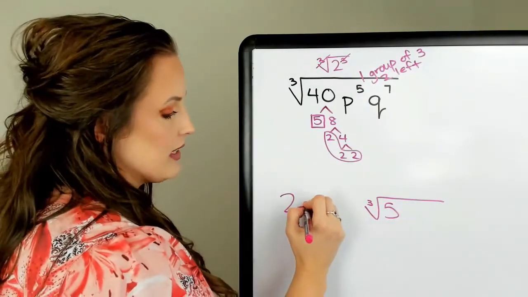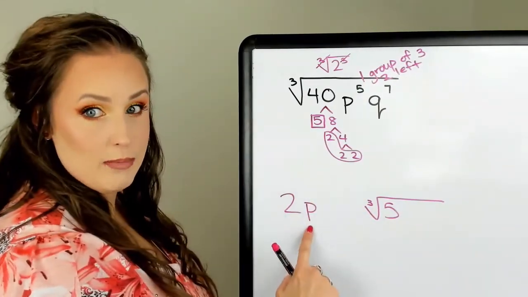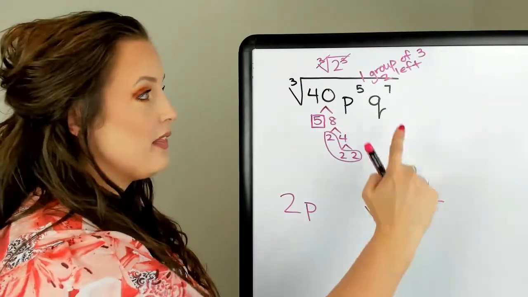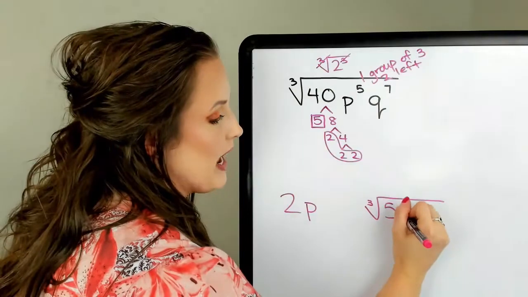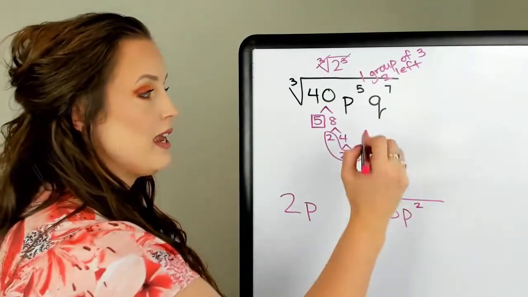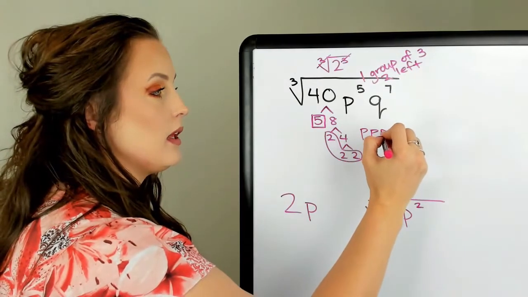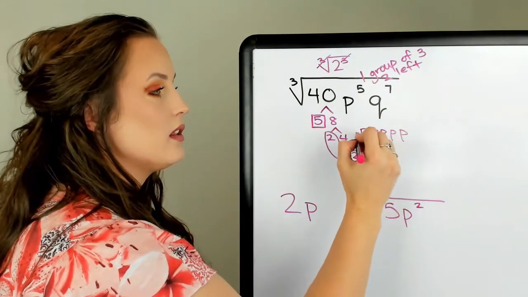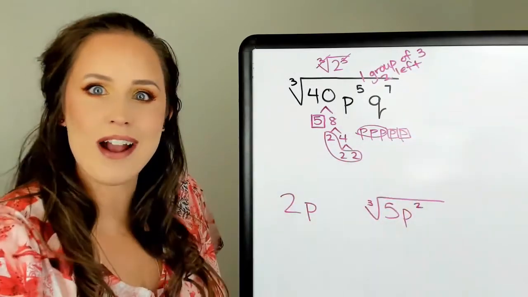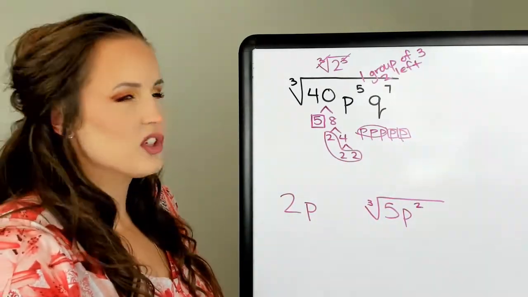So that means we're going to have a single p outside because that's one group of 3 from underneath here. And then 2 left, so we're going to have p squared underneath there. Now again, that would be the same as if you just wrote p, p, p, p, p, and said those 3 leave, these 2 don't. So when in doubt, write it out the long way.